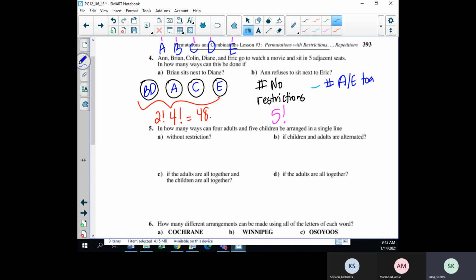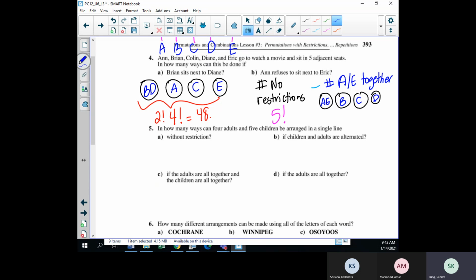Anne and Eric would go on one disc, and then we would have Brian, Colin, and Diane on different discs.